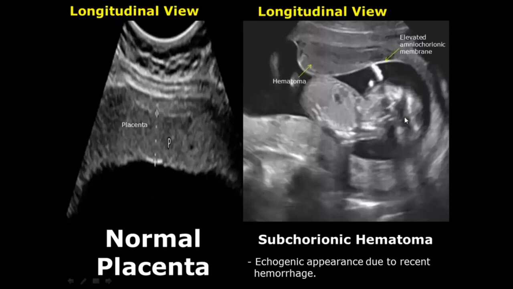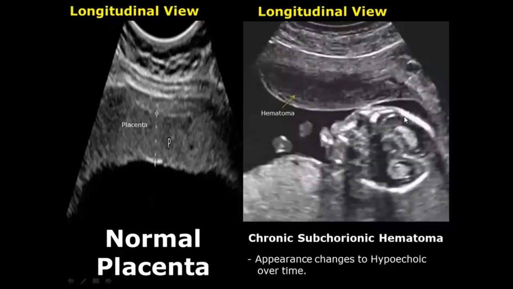Over a period of time, around 10 to 11 days, the hematoma will have a hypoechoic appearance. This change in appearance can distinguish it from a placenta. And also another feature is that on color Doppler, the hematoma will not have any internal flow, whereas a placenta will have internal flow.